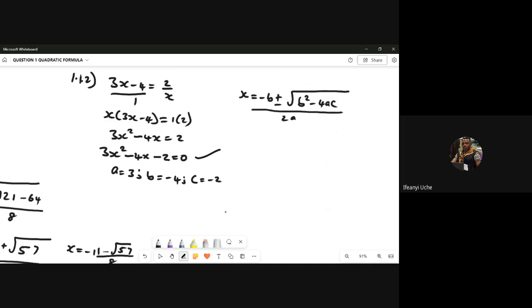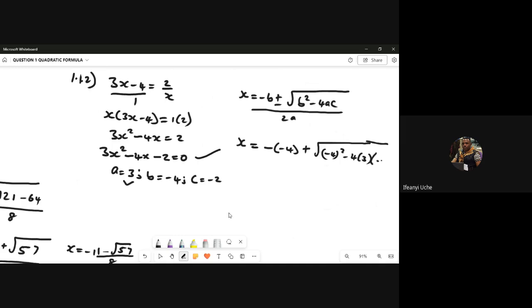Then we now substitute, which is x equals, you have your negative, this time we have a -4. Please always be conscious of those signs. Then we have our -4 all squared minus 4, then a is 3 and c is -2. So we're taking time to break it down.